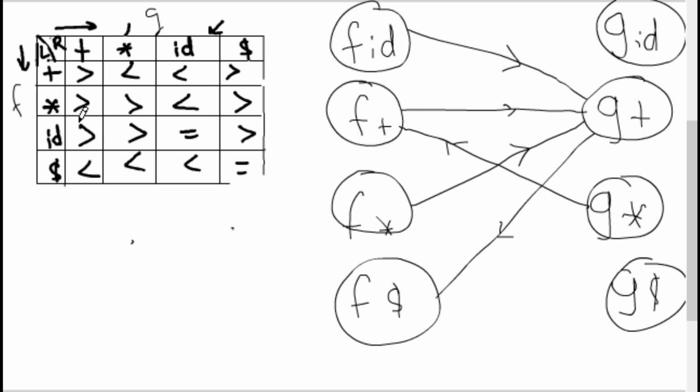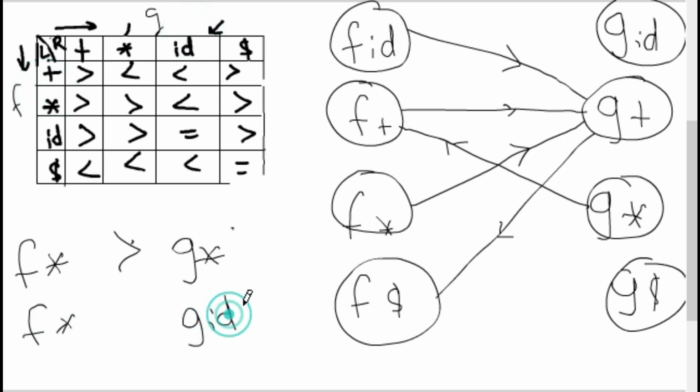Now next one, let us take f star and let us take g star. So in f star and g star there is this arrow. Again, let us take f star and let us take id, which is g id. In between f star and g id there is this arrow.